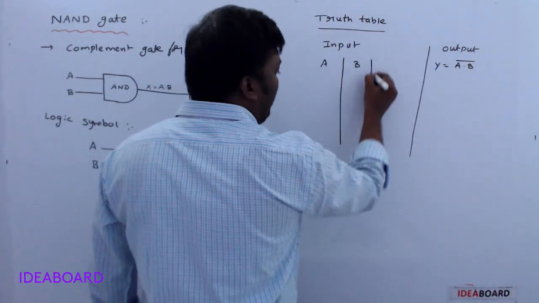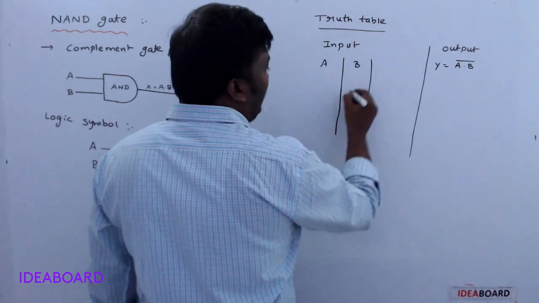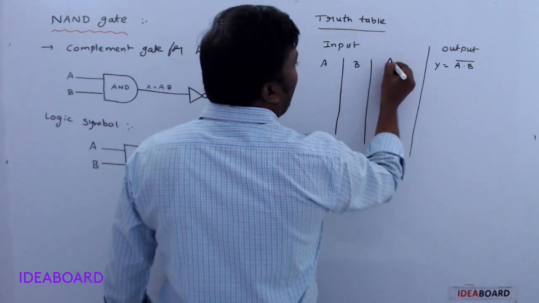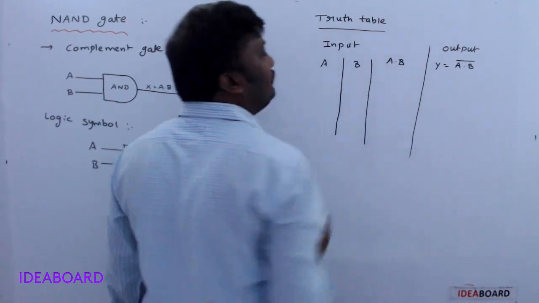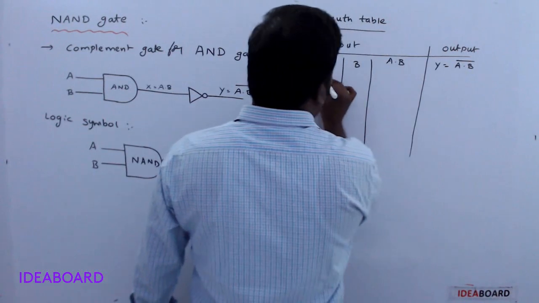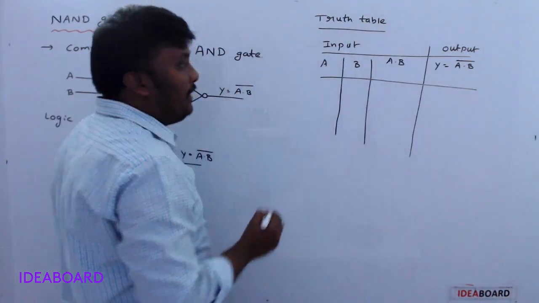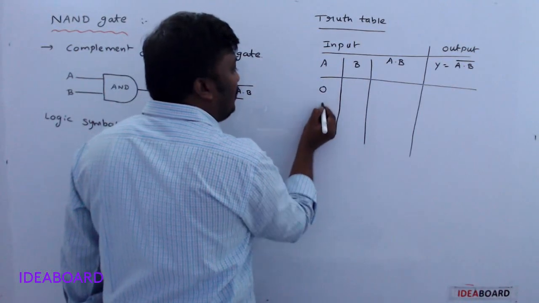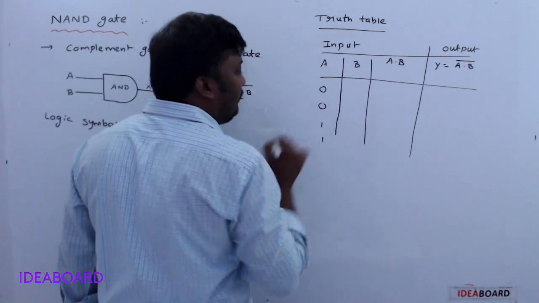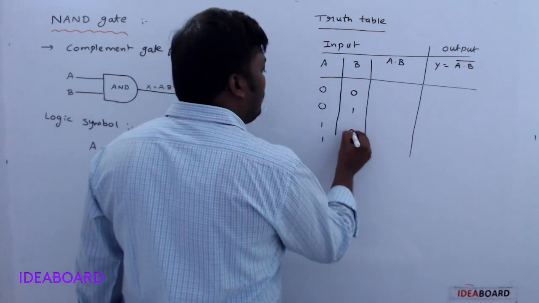So for understanding purposes, I may take one more column here. That column is A dot B. Okay, now see, all possible combinations of A: 0, 0, 1, 1. B: 0, 1, 0, 1.